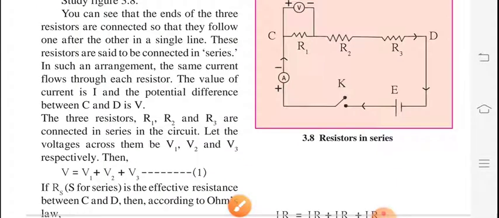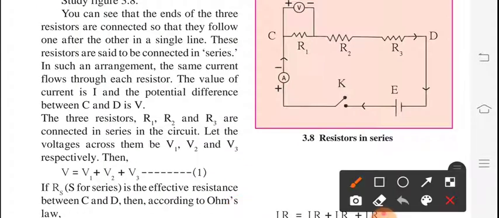If the three resistors R1, R2 and R3 are connected in series, let the voltages be V1, V2 and V3. Obviously their potential differences are different. With respect to R1 it will be V1, with respect to R2 it will be V2, and with respect to R3 it will be V3.